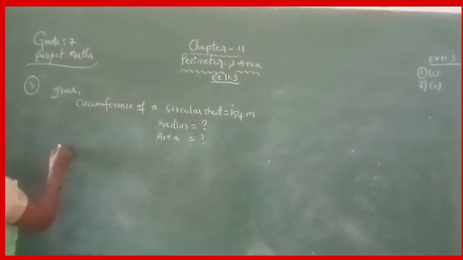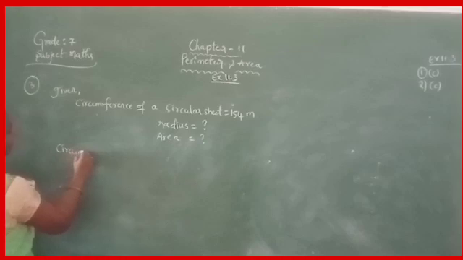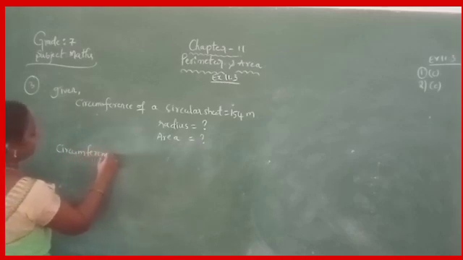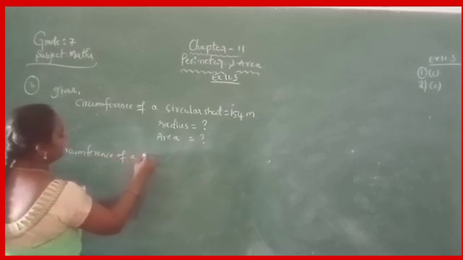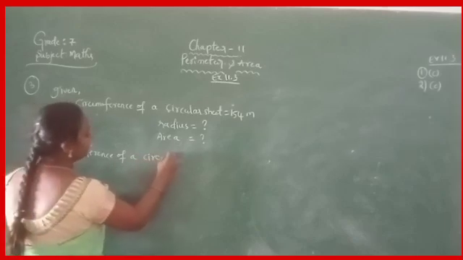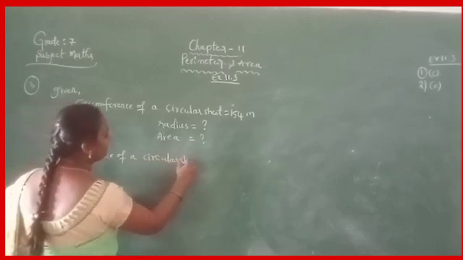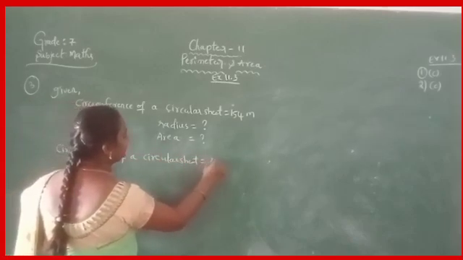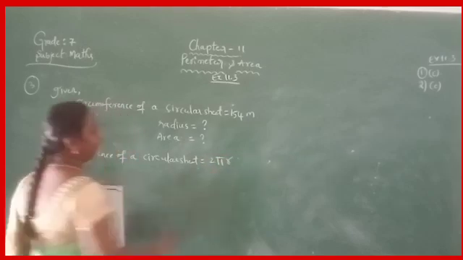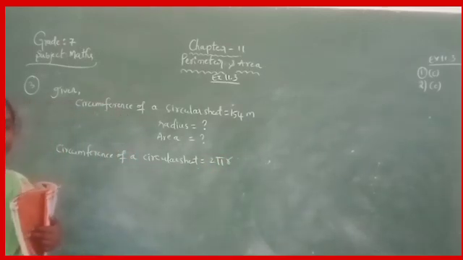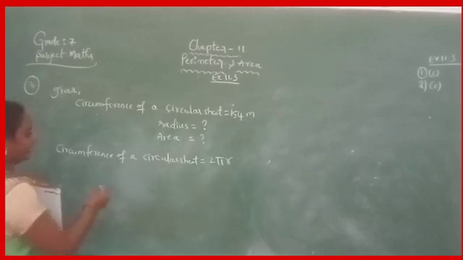We know that the circumference of a circle is 2πr.